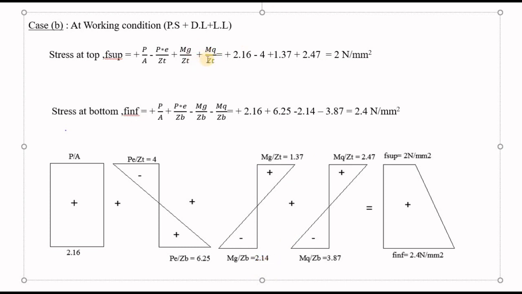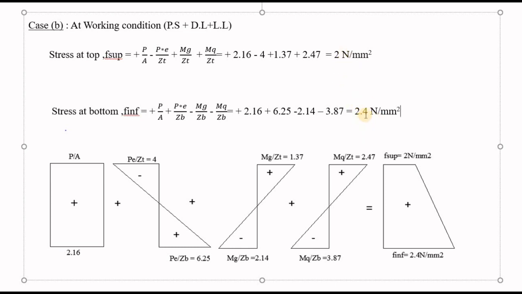The last one is plus M cube by Zt for the top, and for the bottom it is minus M cube by Zb. Plus 2.47 I have written, minus 3.28 I have written, sign here, value here. If we add all these values, what values are we getting for the top and for the bottom layer? For the top it is positive and the value is 2 Newton per mm square, and for the bottom again it's a positive value, but you should observe the values there.